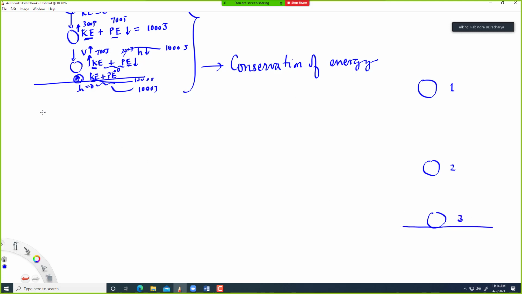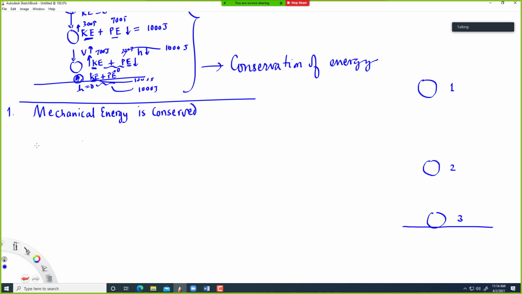Mechanical energy is always conserved. That means potential energy plus kinetic energy at point 1 would be equal to potential energy plus kinetic energy at point 2, assuming that there is no energy loss.